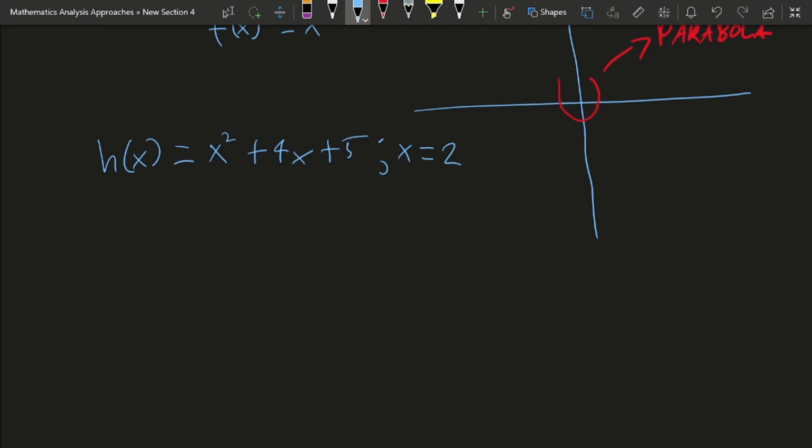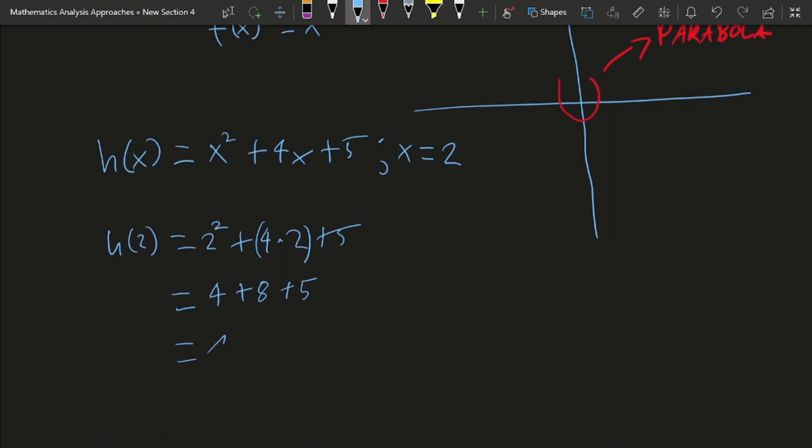You can pause the video and try solving this yourself. So with x being 2, our new equation is h of 2 is equal to 2 squared plus 4 times 2 plus 5. So 4 plus 8 plus 5.